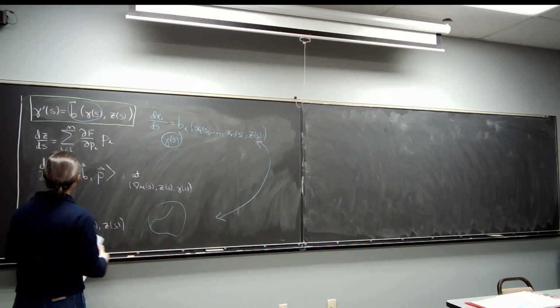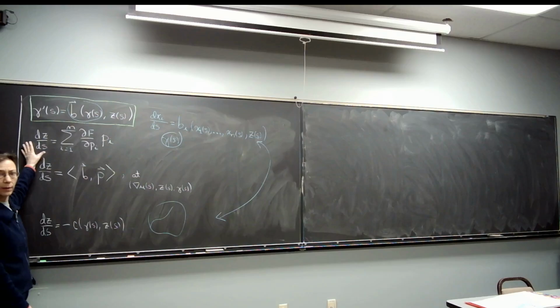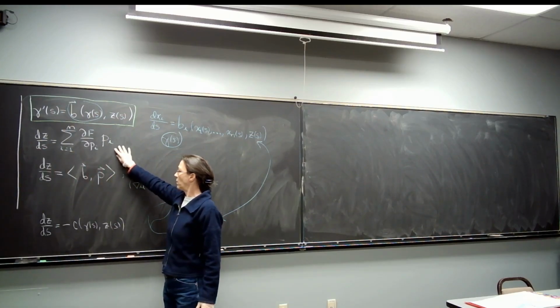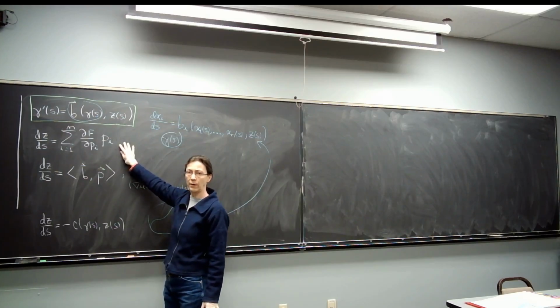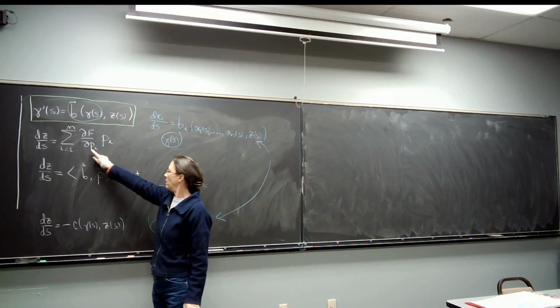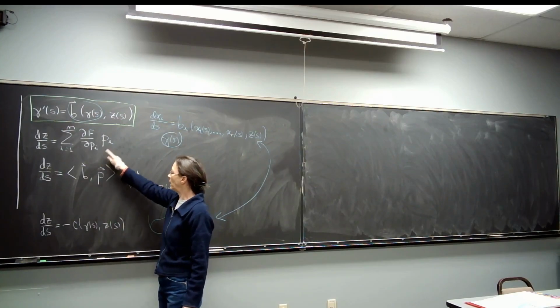So let's look at the equation for z. From the general development that we did the other day, dz/ds should satisfy this equation. The coefficients, the df/dpi, those are your b's.